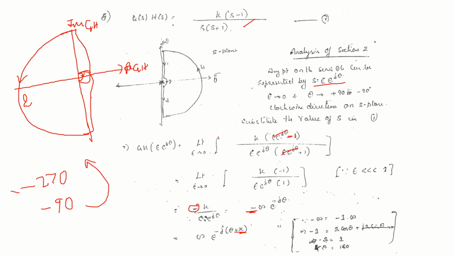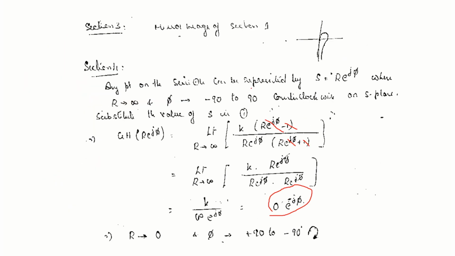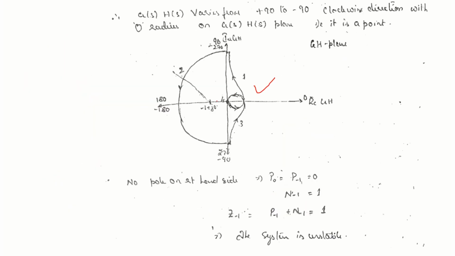Now continue the arrow. Of course, later you make it 0 radius. Then you will get the plot you desire. This one. Minus 1 plus j0 is here.